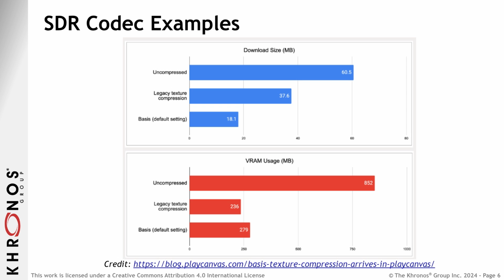So you can see download size in blue and VRAM in red. Ours is slightly higher in this example because they're doing fancy normal map stuff. But yeah, you can see it's massive. Even compared to the legacy texture compression, even if you just had one DXT file, which would not be cross-platform, we're still smaller than that. So it was really innovative and still is.